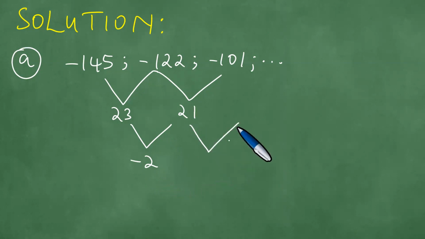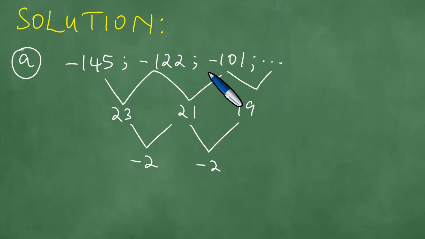You can continue the pattern here and say this is minus 2, and you add this to that. You say 23 minus 2 is 21, 21 minus 2 you get, for example, 19, and you continue like so. So you can see that if you add these to that, you get this. And if you add these to that, what do you then get?